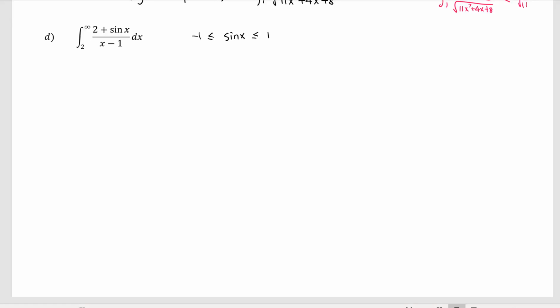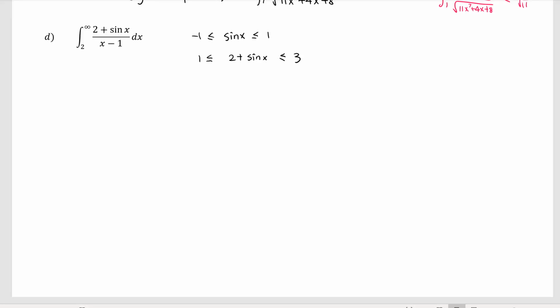Well, we add 2 to each term. Adding 2, -1 becomes 1. This is 2 plus sine x. 1 plus 2 is 3, right? What's next? We divide by x minus 1. By the way, adding a number won't change our inequality.